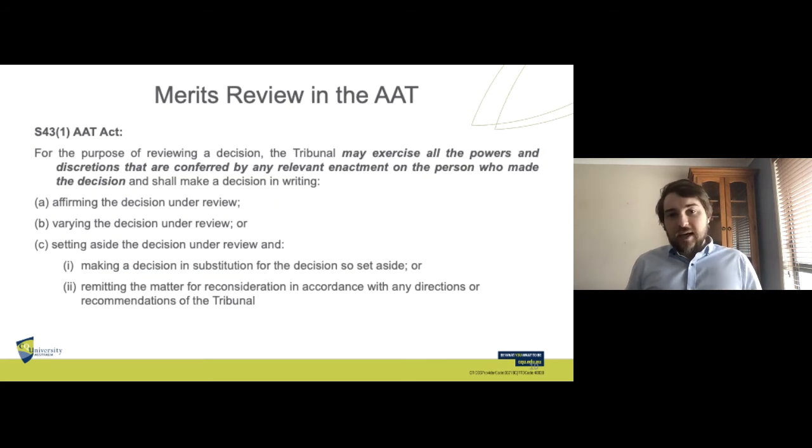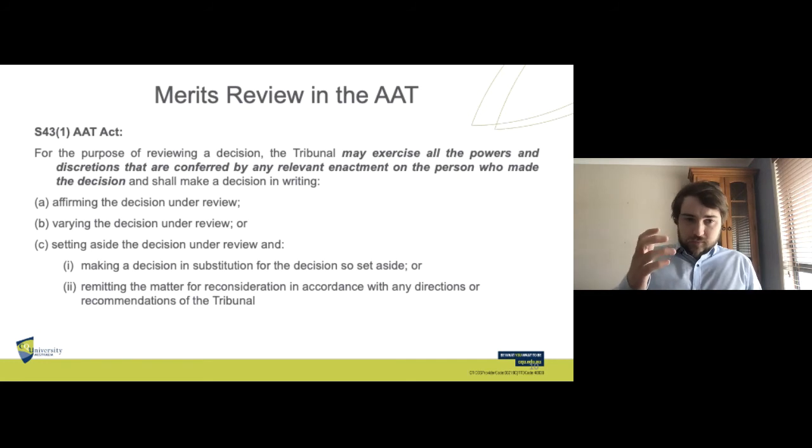Merits review in the AAT is provided for under Section 43 of the AAT Act, which allows the tribunal, while reviewing a decision, to exercise all the powers and discretions that are conferred by a relevant enactment on the person who made the decision. So, in other words, the AAT steps into the shoes of the decision maker to look at the decision that was made and remake it if need be.